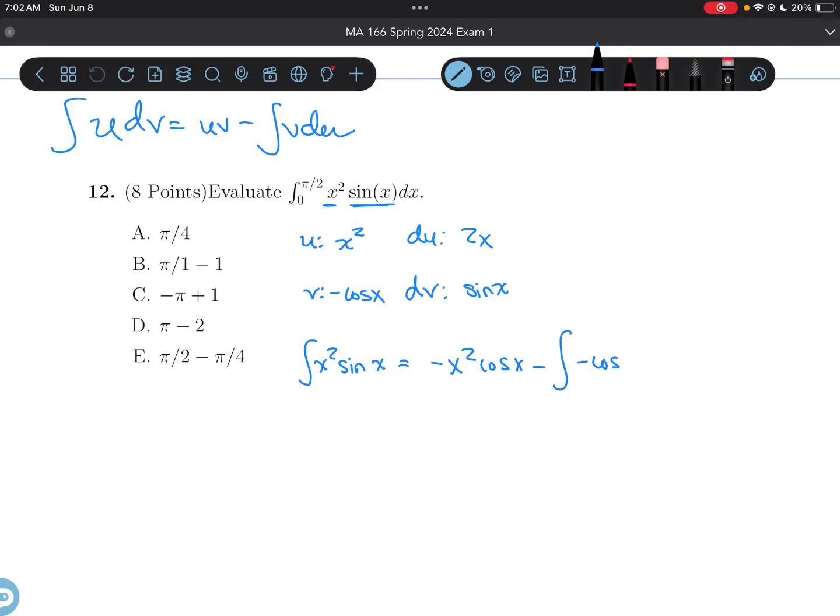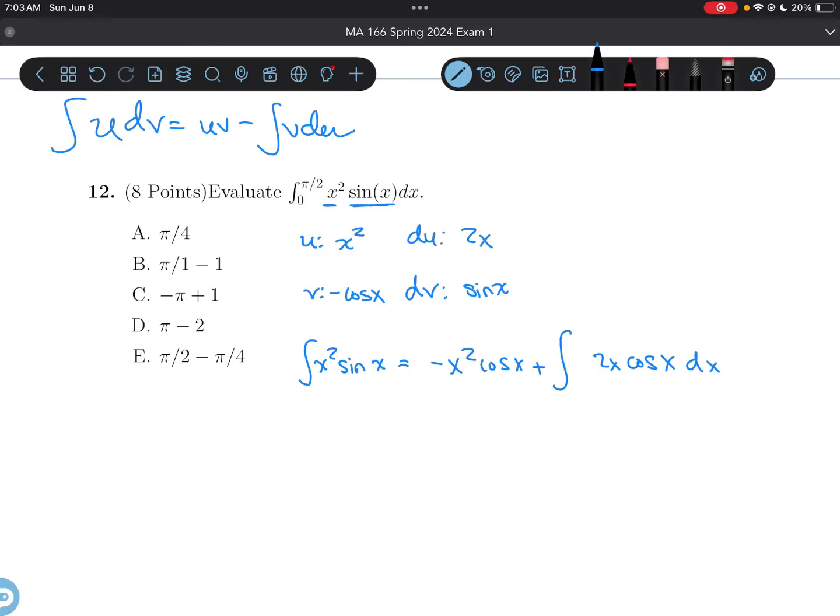I'm going to simplify that to negative 2x times cosine x. This is simpler and better, and I'm also going to put this negative sign up front. It's still not something we can easily integrate, so we can use integration by parts again to simplify this integral.